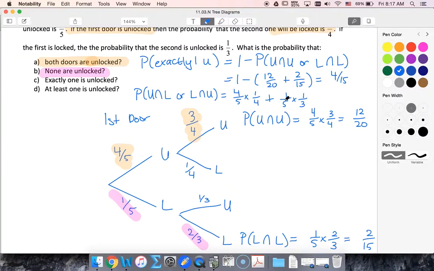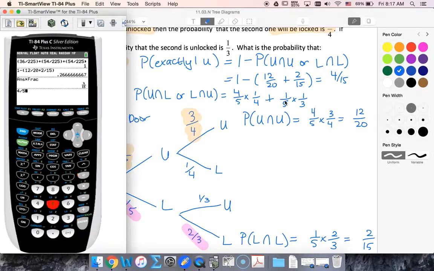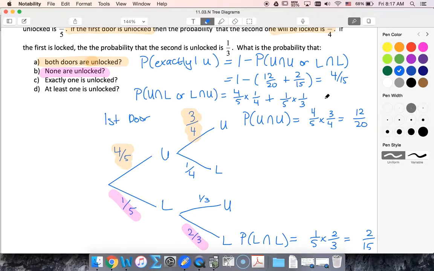So let's check that out. 4/5, oh, not plus, times 1/4 plus 1/5 times 1/3. You can see I've got the same answer. So that also gives me 4 out of 15.